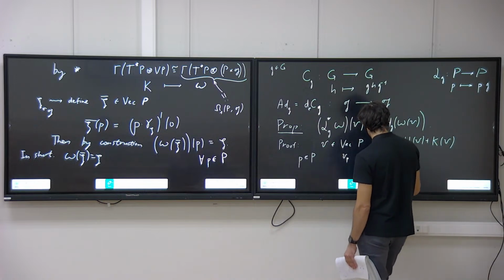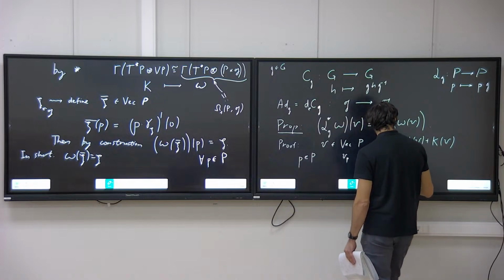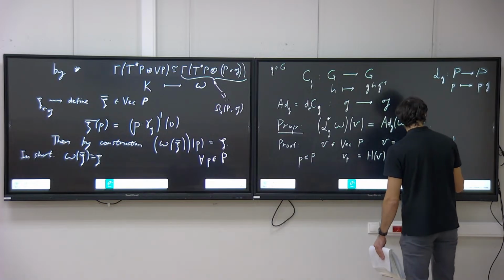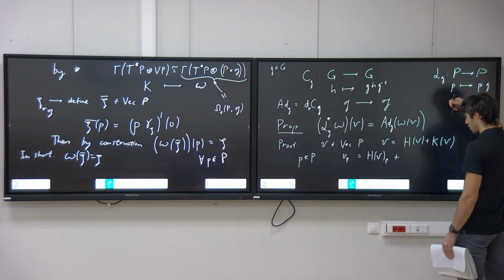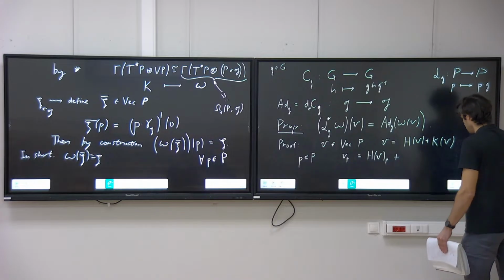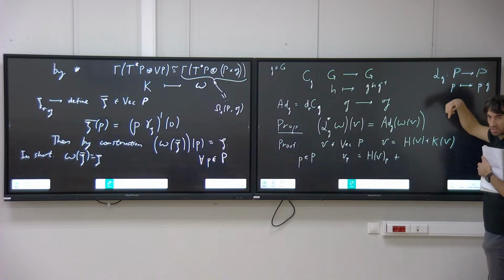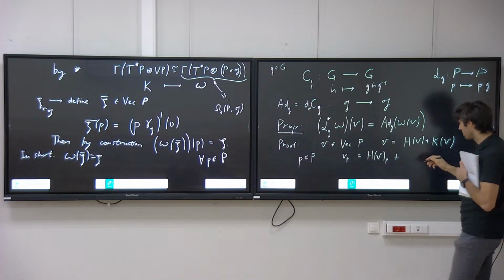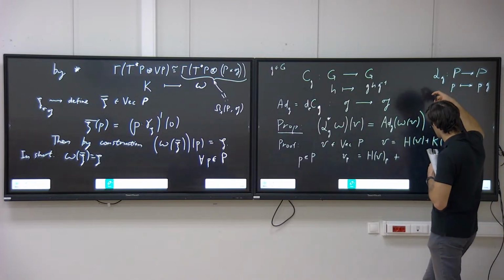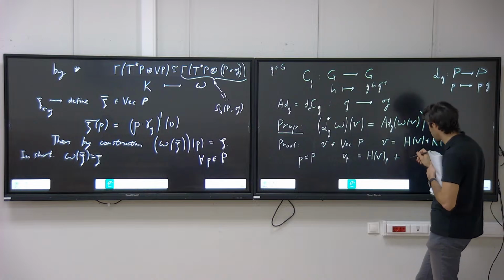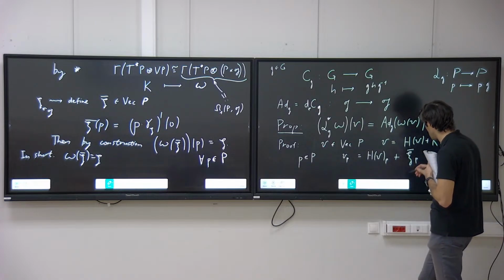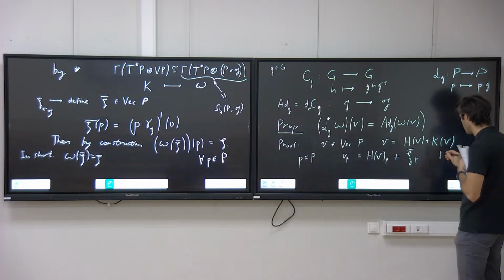There's the same decomposition, but the vertical component of V_P is a tangent vector in the direction of the fiber, so it is actually given by some element of the Lie algebra, Xi bar at P, for some Xi.